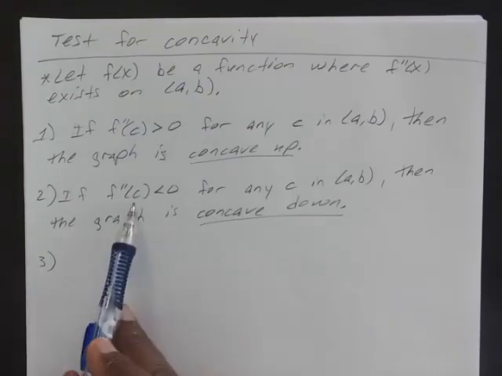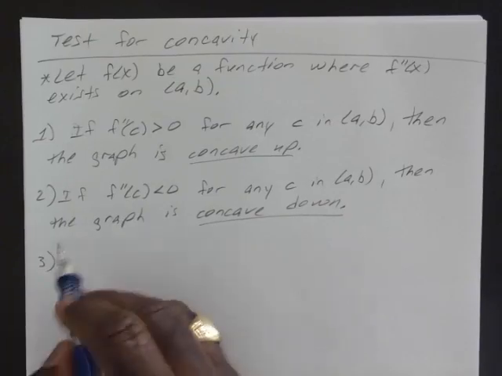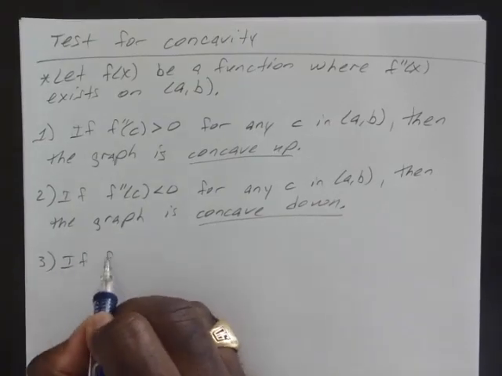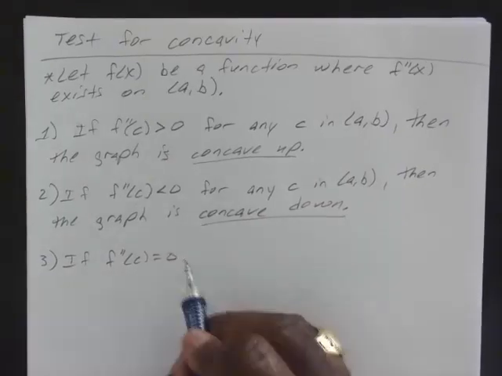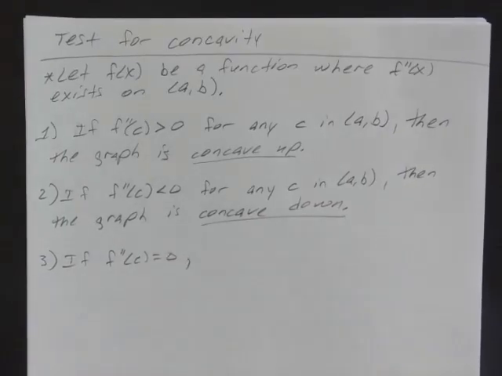Now, if that second derivative happens to equal 0, okay, then we know the concavity is inconclusive. It's not, well, not inclusive, it's undefined.